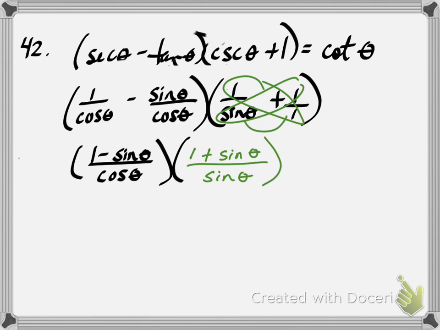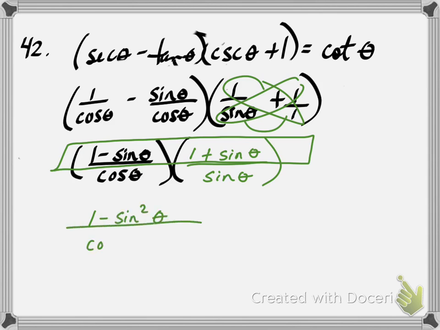And when you look at the tops, they are conjugates of each other. So when we multiply these fractions together, we get 1 minus sine squared theta over cosine theta times sine theta. 1 minus sine squared is cosine squared theta.